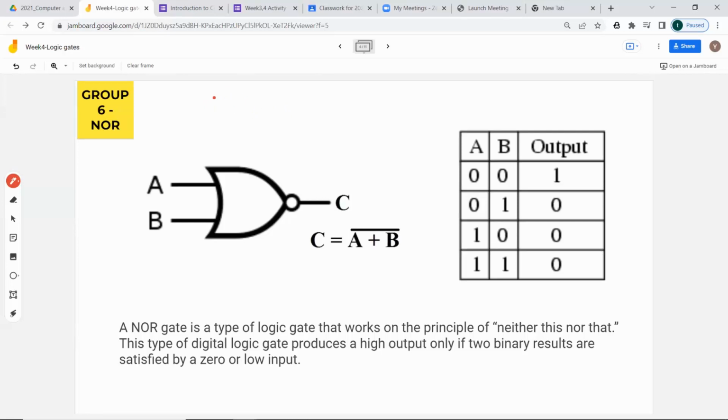In the previous one, the NAND one, we had AND and NOT. And here, for this one, we have OR and NOT together. So first we are going to consider the OR operation, and then the NOT operation upon the output of this OR gate.